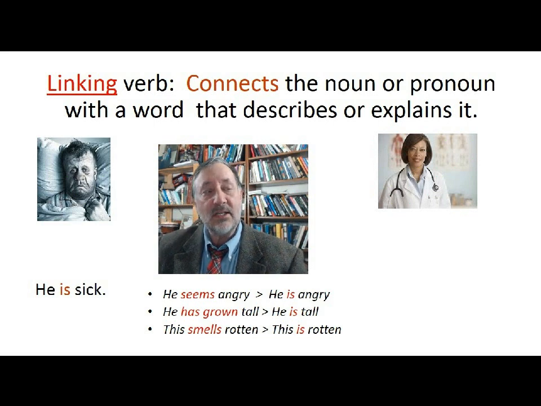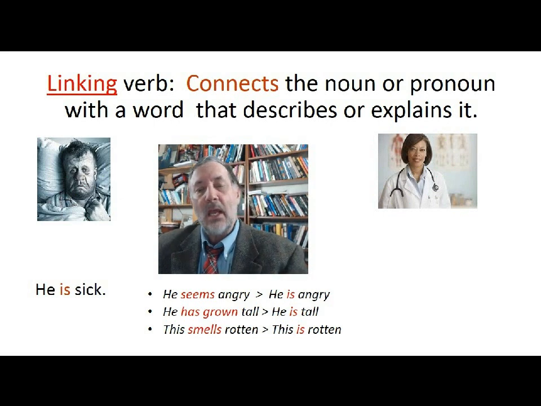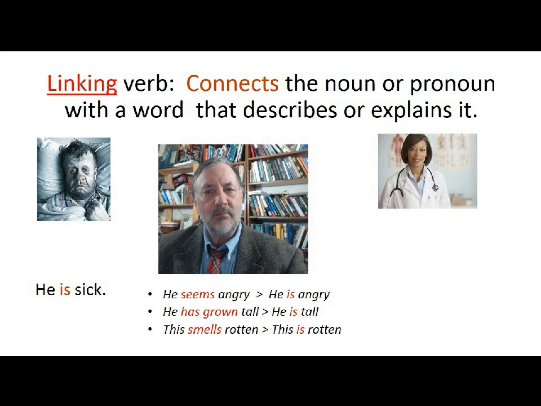In the same way, if I said she is a doctor, the is linking she with doctor. Okay, so I could say Maggie is a doctor. And the is would be linking Maggie with doctor.